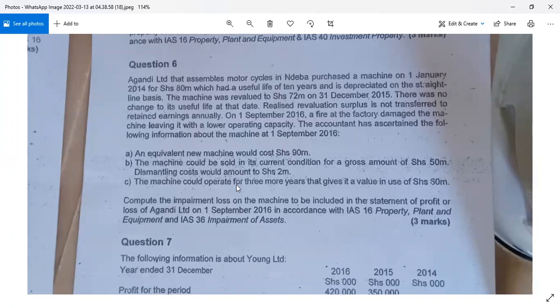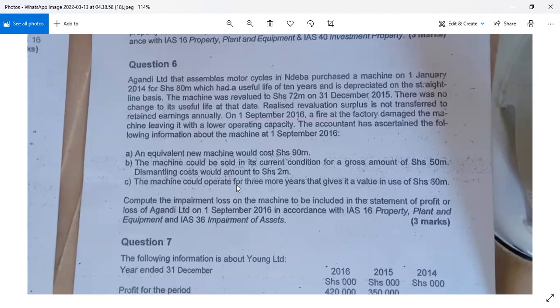And you should also know that the recoverable amount is the higher of the fair value less cost to sell and the value in use. Ideally you should have that information if you're going to attempt a question that has IAS 16 on it. Otherwise you may not be trading well, maybe trading on soft land. All right, so this is the question and we're going to start.